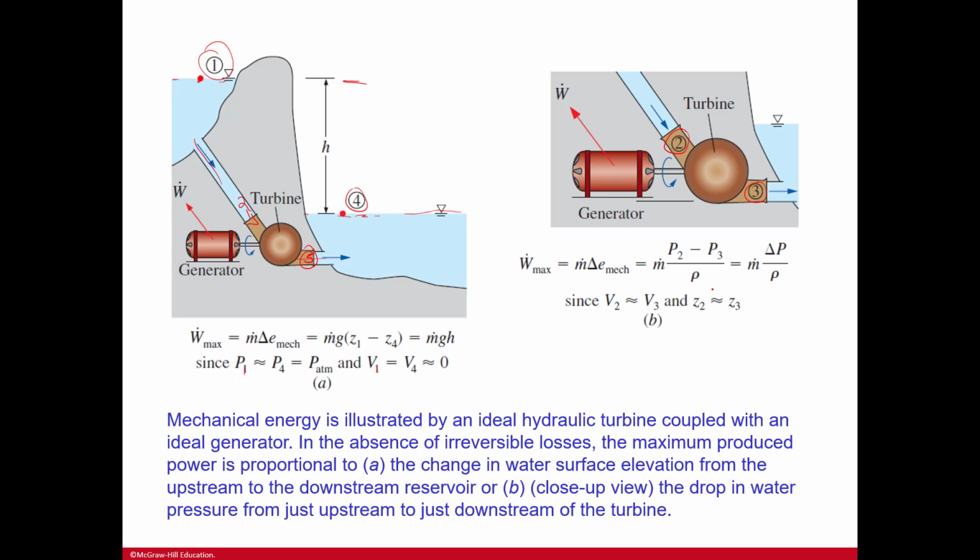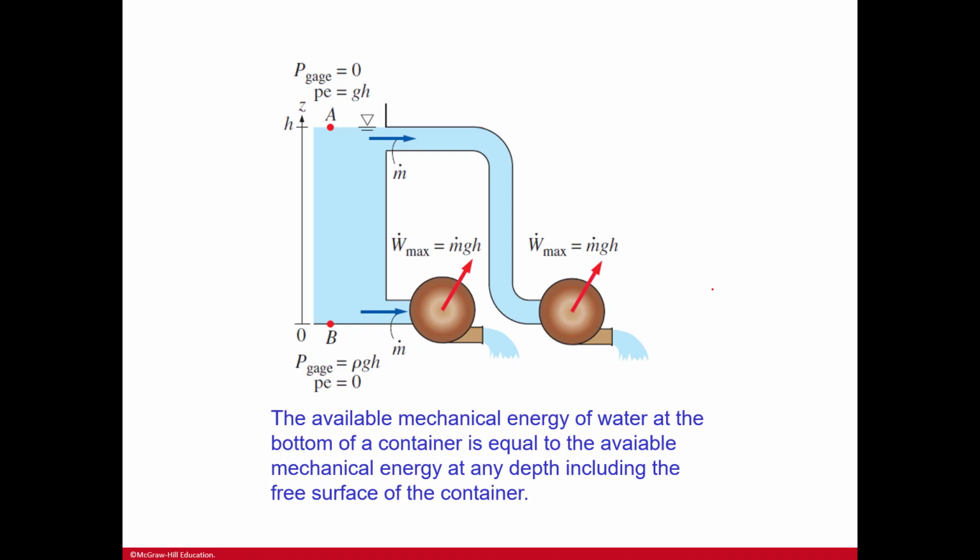You can keep peeling back those layers, right? Here, the available mechanical energy of water at the bottom of the container is equal to the available mechanical energy at any depth, including the free surface of the container. See here and here.